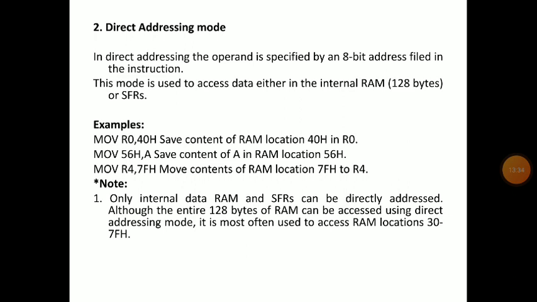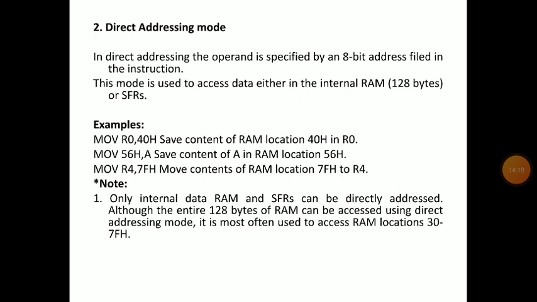Move r4 comma 7fh, move contents of RAM location 7fh to r4. 7f is the last RAM location in the on-chip memory, because we have only 128 bytes on chip. 7f is the last one, 0 to 7f. Note, only internal data RAM and SFRs can be directly addressed.